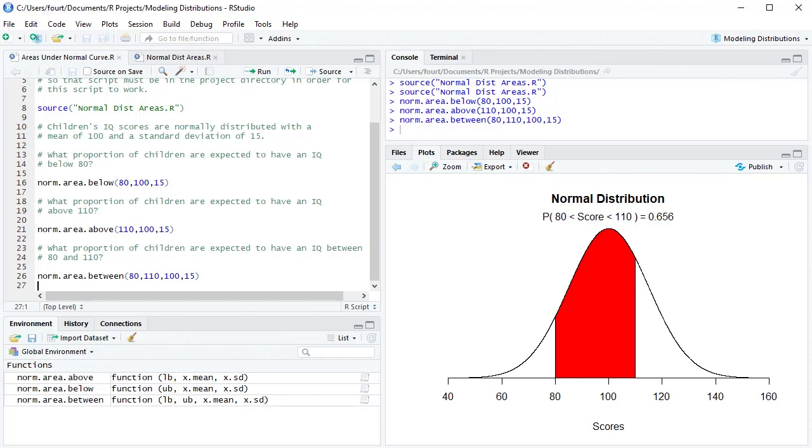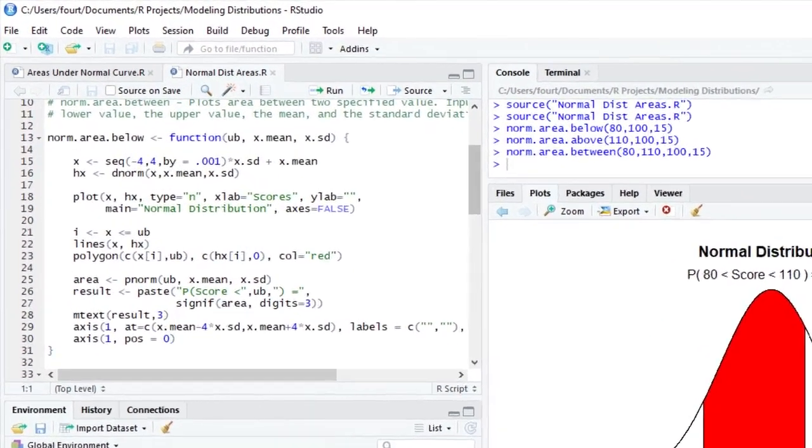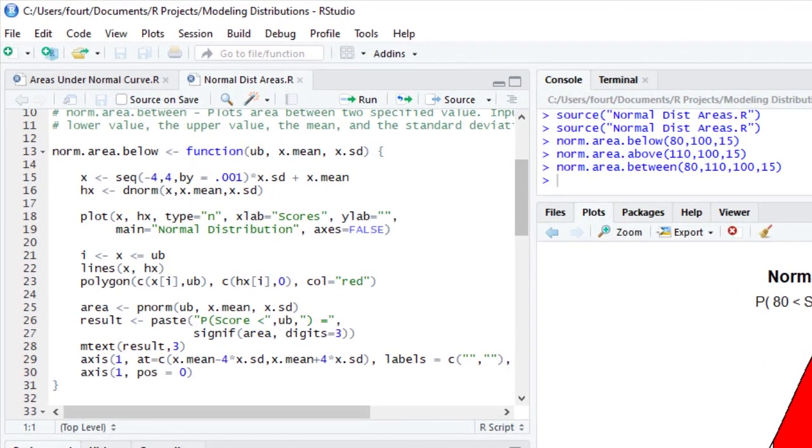If you want, you're welcome to look at the normal dist area script that contains these three functions. And you can even fiddle with those functions. For example, you could change the color of the shaded area from red to some other color, such as blue or green or papaya whip.